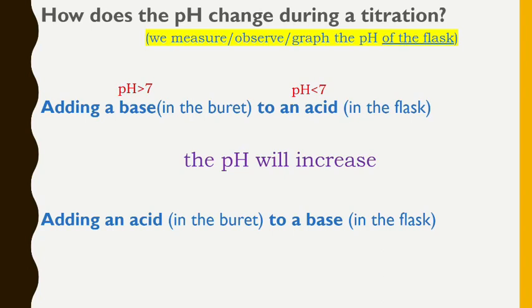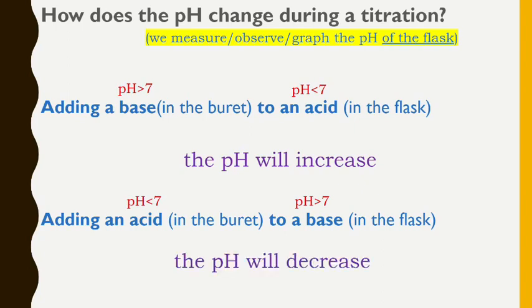No matter exactly where it starts under 7 or where it ends over 7, in general, the pH will increase. And if we're adding the acid to the base, we're starting off with that base in our flask. We're going to be starting off with a pH bigger than 7 and slowly adding an acid to it, which is generally going to decrease that pH. The more acid I add, the lower that pH is going to get.